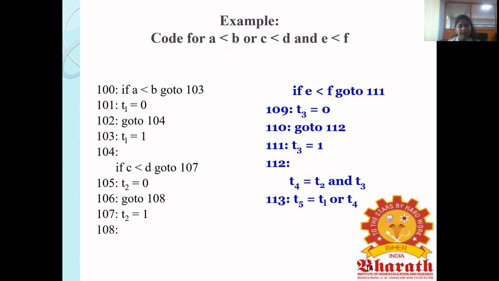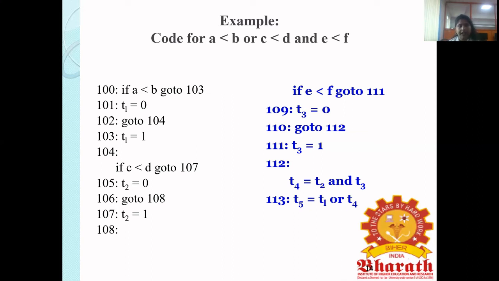What is in 112? We already did the less than and greater than operations, because as per the priority, first we execute the greater than and less than operators and then the and and or operators. Now we're going to execute and, or. So T4 is equal to T2 and T3.